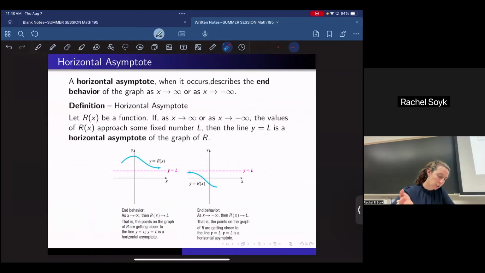Okay. So now this jumps into the very brief overview of horizontal asymptotes. To calculate them, honestly, I should just teach you how to calculate them because it's quite fun. When we come across an example, I'll show you how you can easily find it.